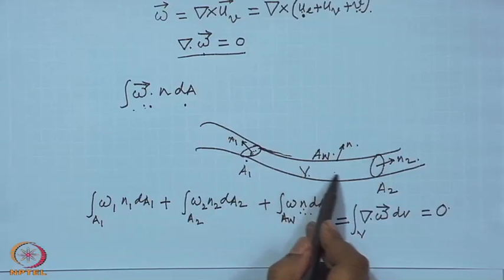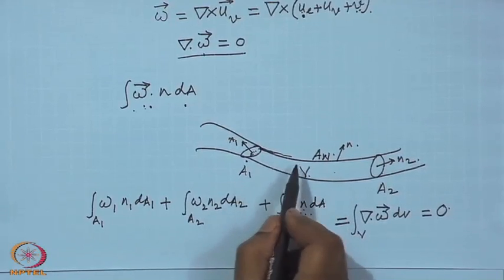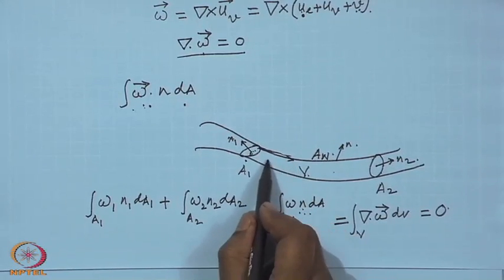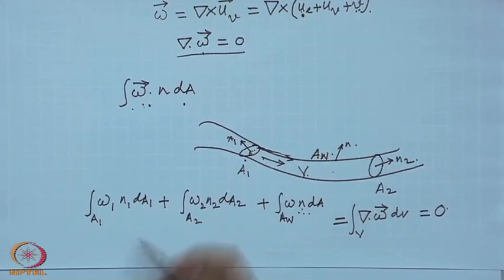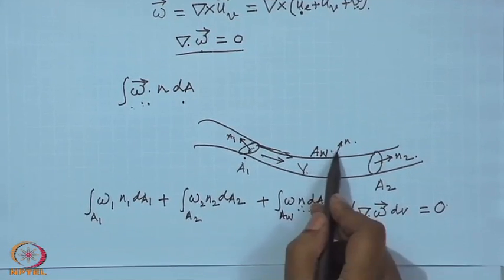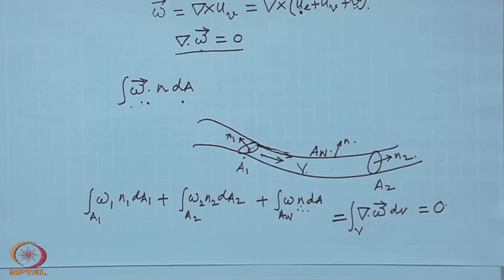Now, since this is a vortex tube, all the vortex lines are tangential to this. So, there is no vorticity which is normal to this area. By definition, all vortex lines are tangential to the vorticity vector.